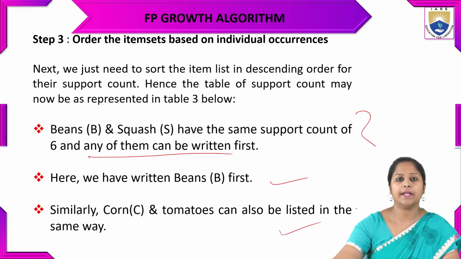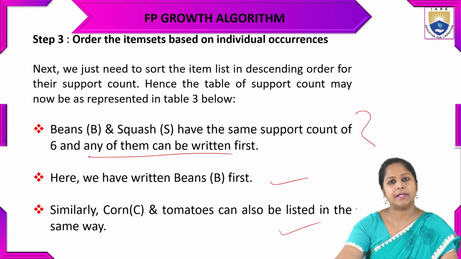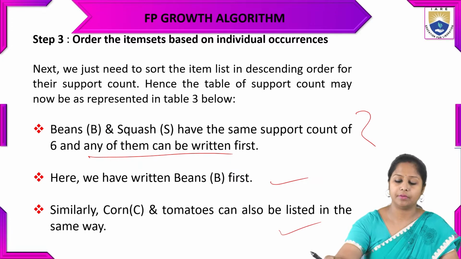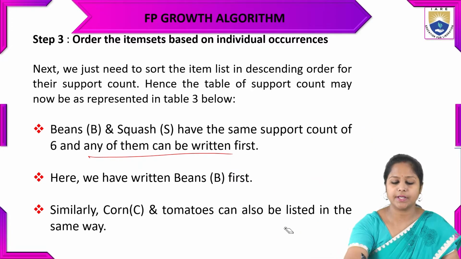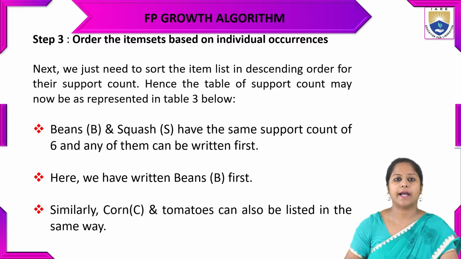Similarly, corn and tomato can also be listed in the same way, as they have the same count of 2. So in any order we can keep the items if they have the same support count. In table 3 we have just reordered the items on the basis of support count.